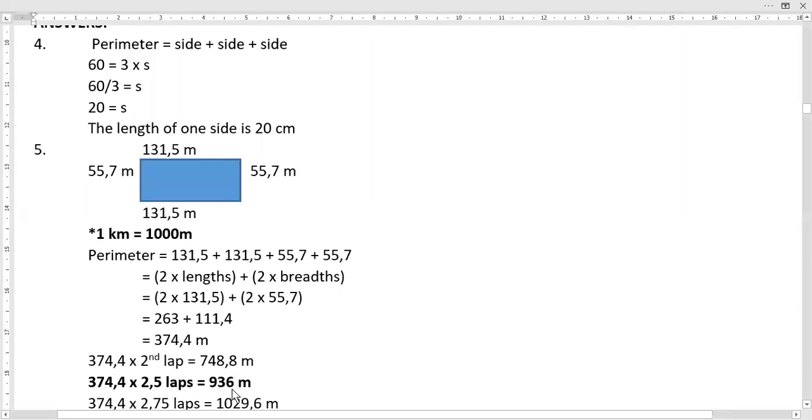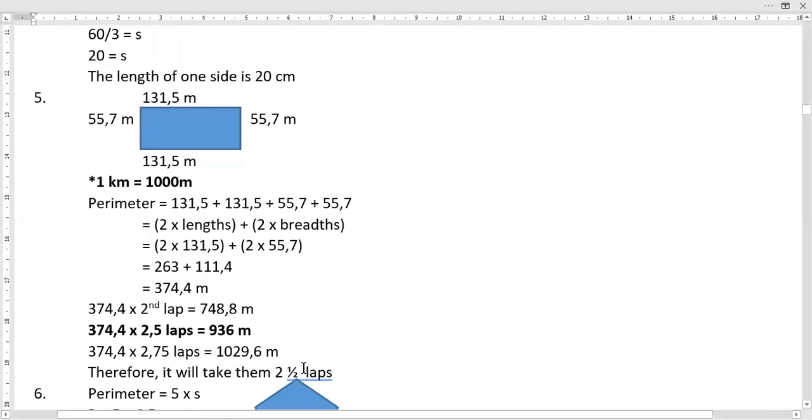So it's very close. The closest that you should get, if you are dividing, is you should at least get over 2 laps, 2.5 laps. Your correct answer should be 2.67 laps.